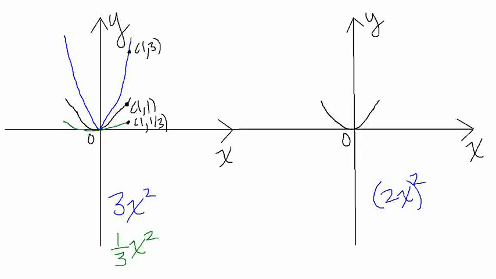How is that going to affect the graph? This is going to have the effect of compressing the graph. If you think of the graph as a rubber sheet, compressing it horizontally towards the y-axis. So let me draw a graph of that.